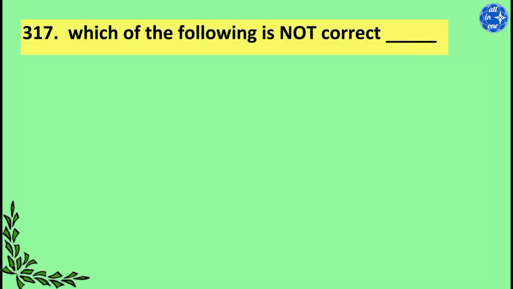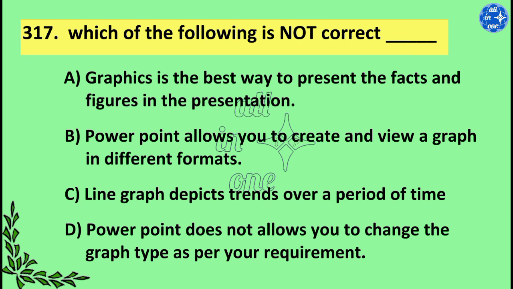Question: which of the following is not correct dash? Option: graphics is the best way to present the facts and figures in the presentation. PowerPoint always allows you to create and view a graph in different formats.